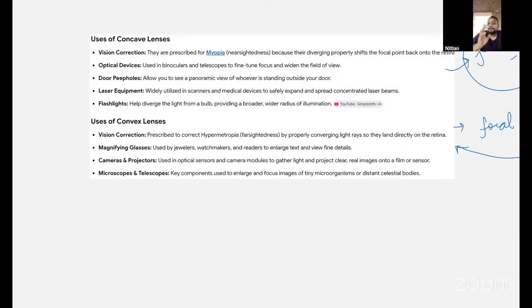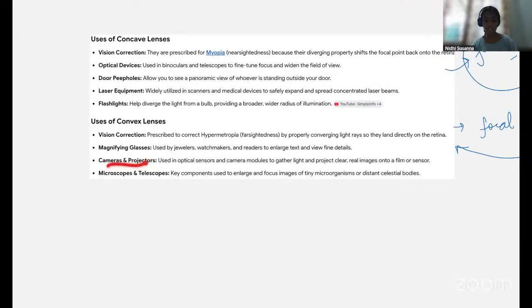In a convex lens, if we put the object between O and F1, then you will get an enlarged, virtual image, so that you can see the object clearly.